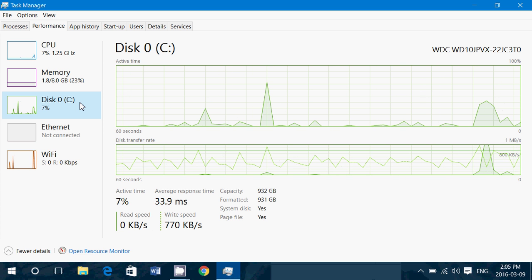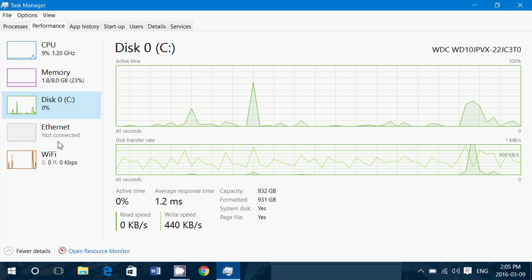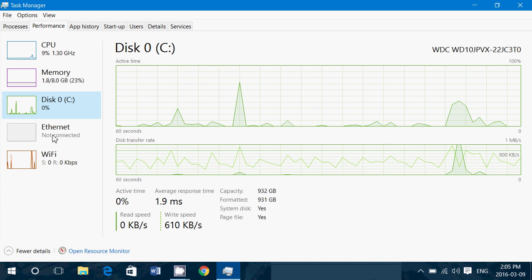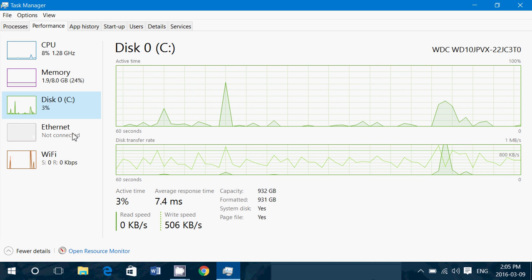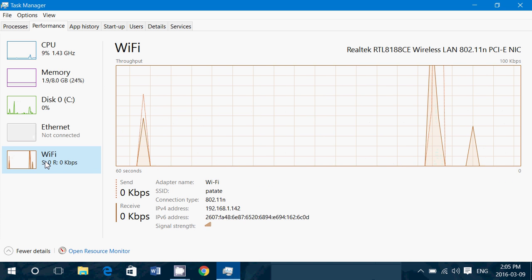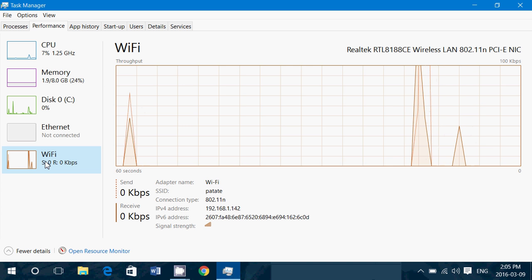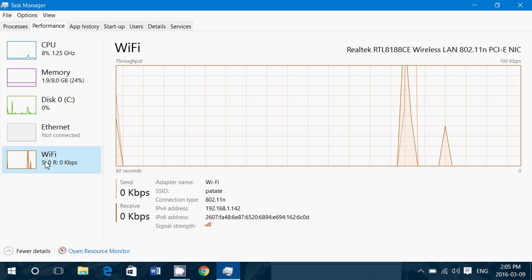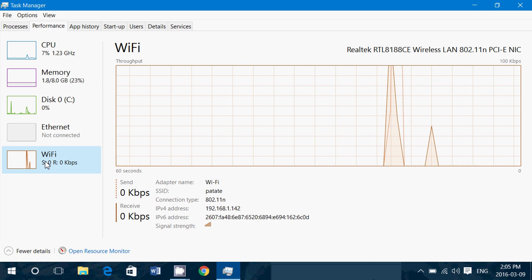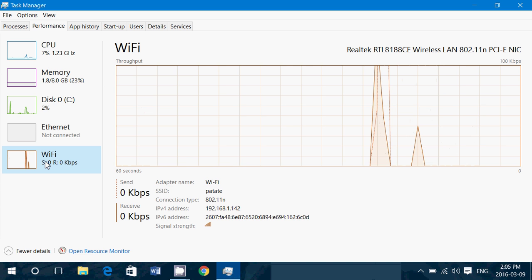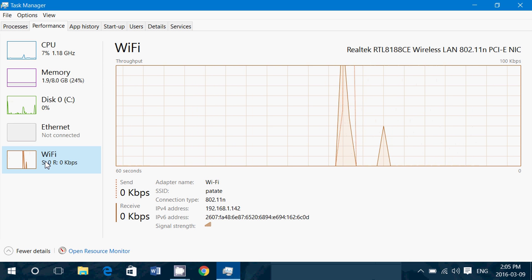The last information you get is either Ethernet or Wi-Fi, depending on what you are connected to. I am connected through Wi-Fi, so this gives me information on how much data is coming in and out of my Wi-Fi connection. So this could be useful if you suspect that maybe your computer's using too much of your bandwidth, for example.